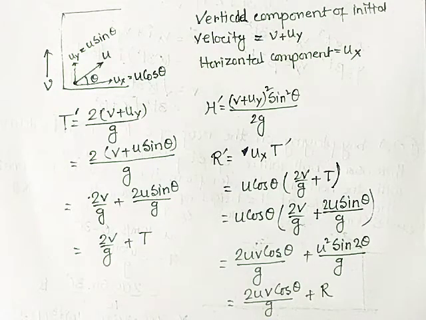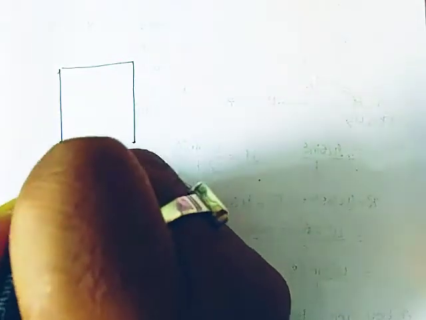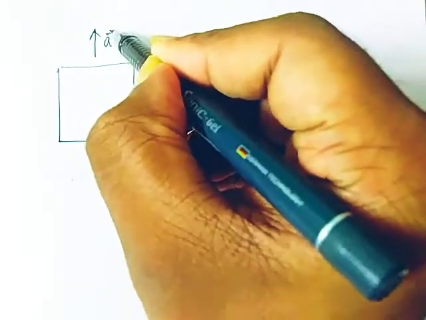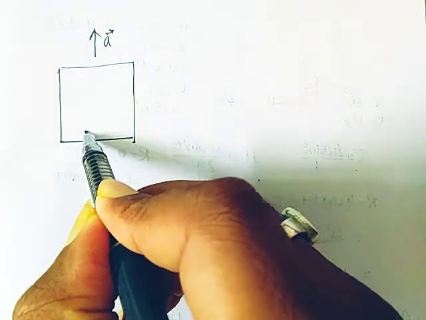But if the lift is moving with constant acceleration, then what will happen? How will these equations, that is the total time of flight, height and range, change then? So now just consider a lift moving with an acceleration capital E upwards, and here is a particle.